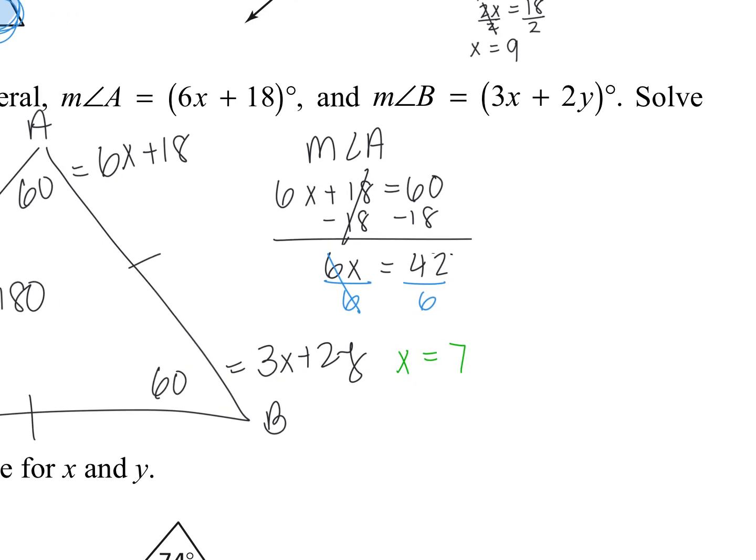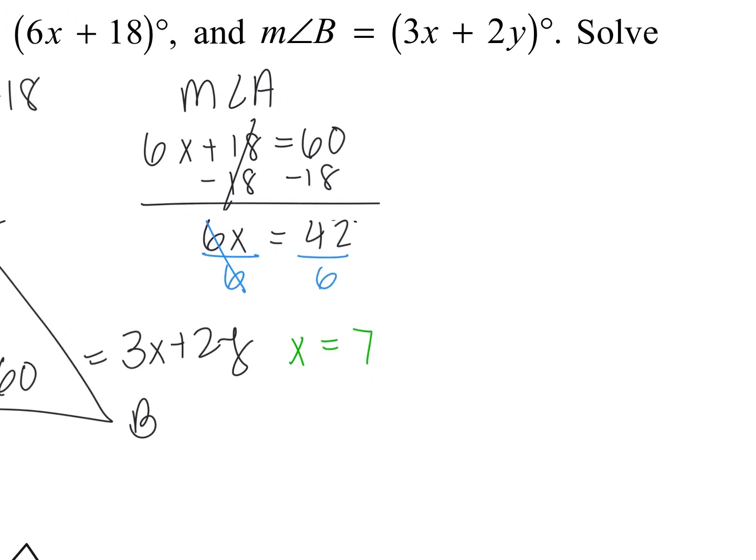Now I'm going to solve for y. I'm going to take what I had. Miss Chung, can't you do 6x plus? Anytime you have an equilateral triangle, all angles are going to equal 60. Go quickly. All right, so we're going to go ahead and solve this one. Let me write it the other way.